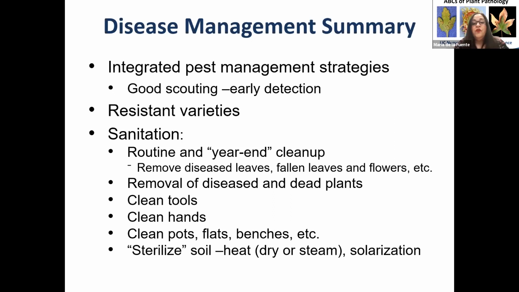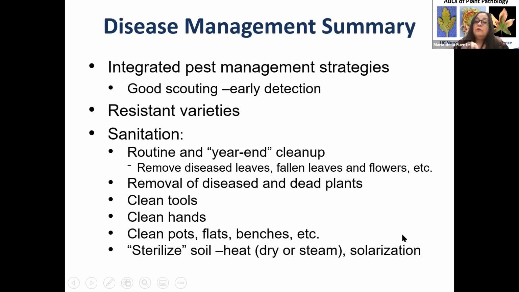Removing all the diseased and dead plants goes without saying. Clean tools, clean your hands, clean pots, flats, benches, everything, superficial disinfestation at all times. And if you want to sterilize soil or potting mix, you can use heat, either dry or with steam, or use a mechanism called solarization, where you just expose it to the sun.